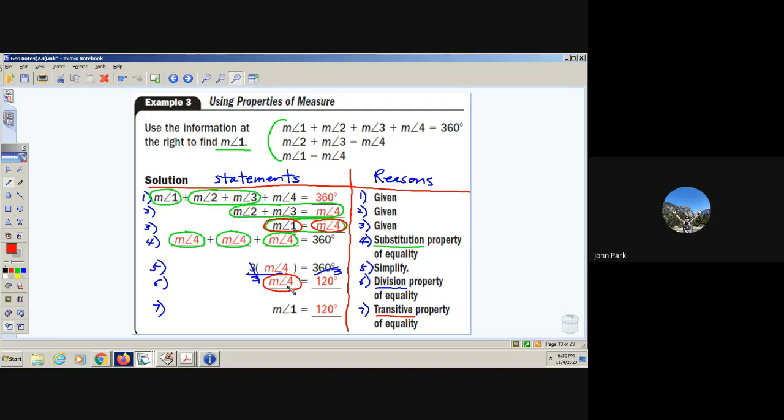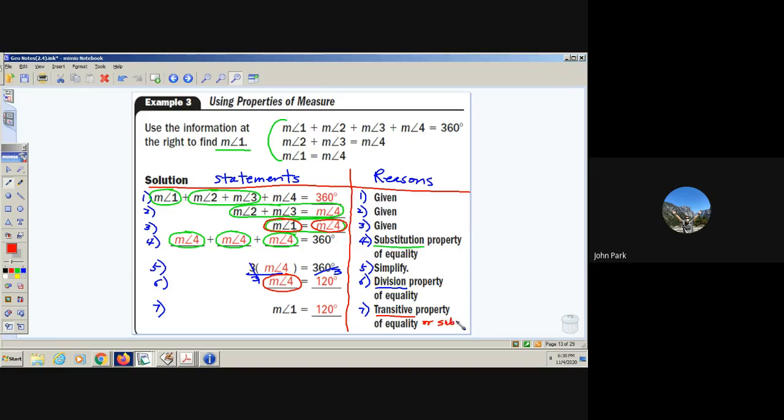So I use transitive property from measurement of angle 4 to measurement of angle 1 here. Okay, so I'm going from measurement of angle 4, which is the same thing as measurement of angle 1. So then that's what I did. So you could use transitive property, or I could just say substitution as well.